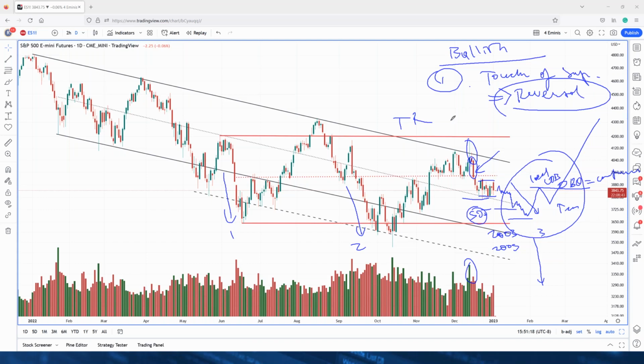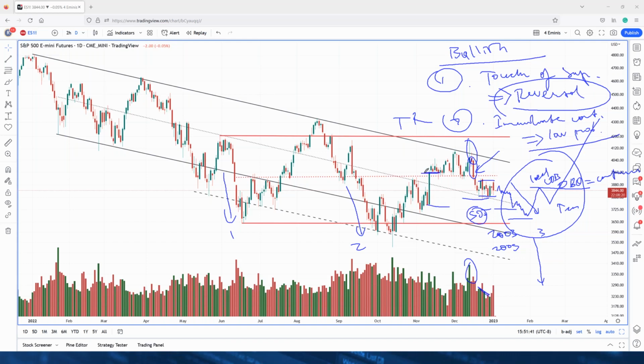The second scenario here is just immediate continuation to the upside. I would say that this is probably a very low or lowest probability scenario for now. For now, we don't see how demand is coming in during this stopping action.